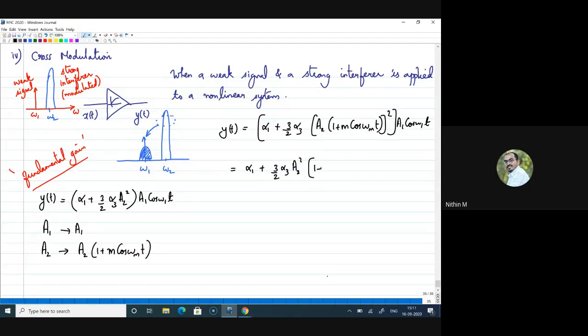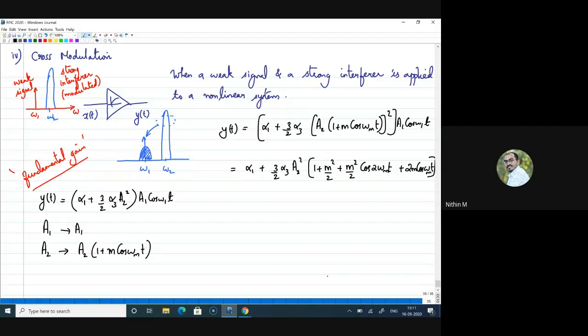That can be written as 1 plus m square by 2, plus, from the a plus b the whole square expansion, m square by 2 into cos 2 omega mt plus 2m cos omega mt.